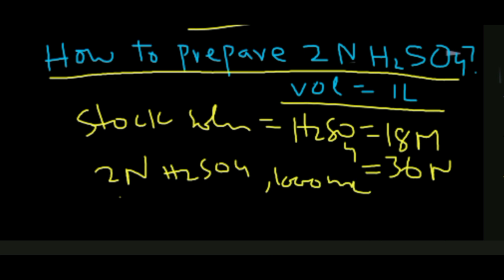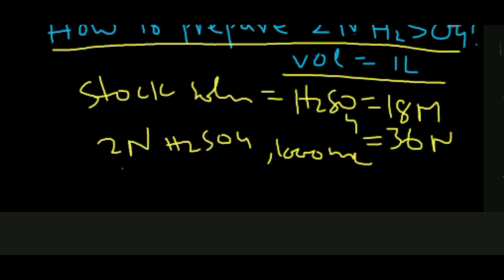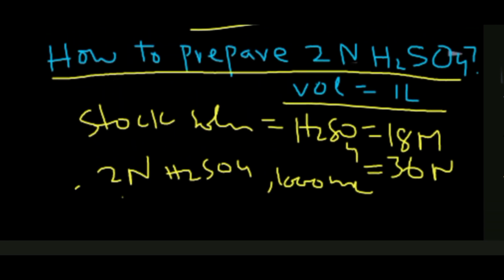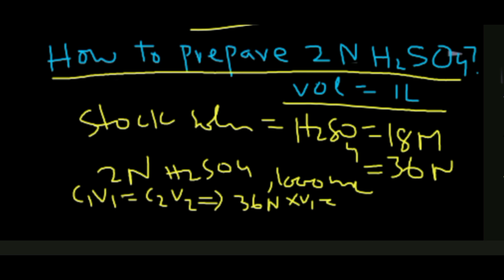So now we use the dilution formula, C1 V1 is equal to C2 V2. We have C1 36 normal into V1 is equal to concentration C2, that is 2 normal, and the volume is 1000 ml.